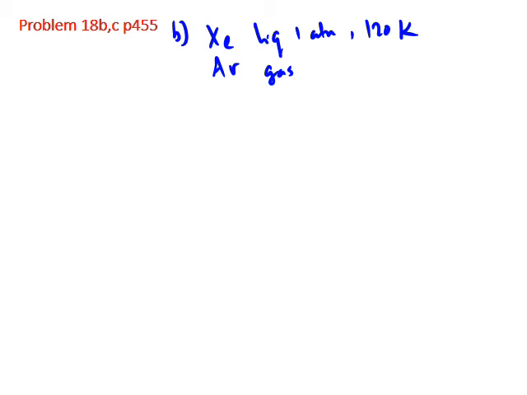As you're going downward, size gets bigger and bigger. So xenon is a lot bigger than argon. So let me draw this. If this represents the size of xenon, it is bigger. Argon is much smaller.